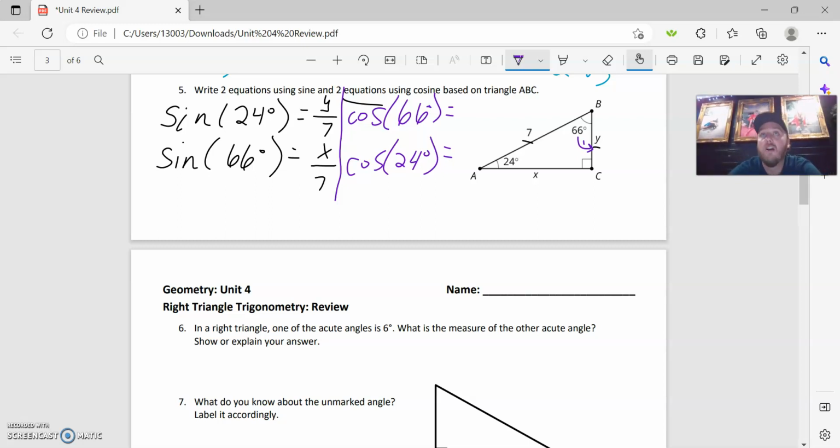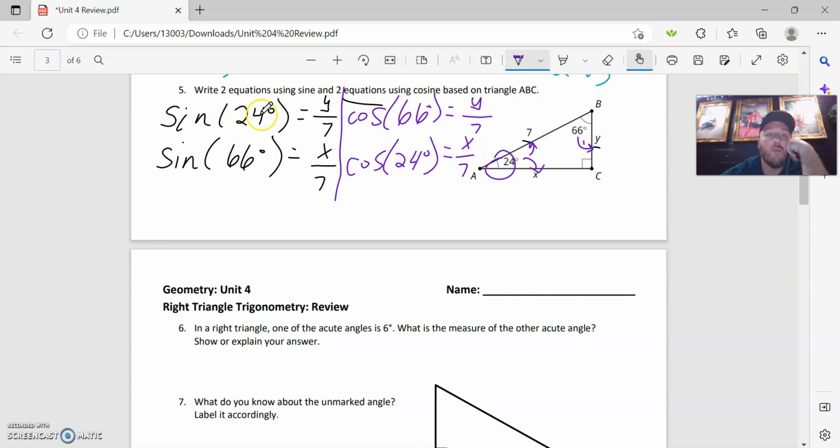We cannot call the hypotenuse anything but hypotenuse. We're going to call this other side next to 66 the adjacent side. So here, the adjacent over hypotenuse. And cosine of 24, okay, now let's focus on this as a reference angle. The side adjacent is x over hypotenuse, which is still 7. And hopefully you're starting to see this pattern.